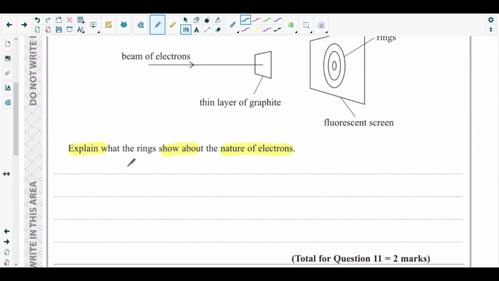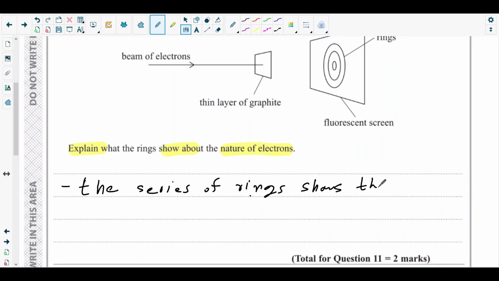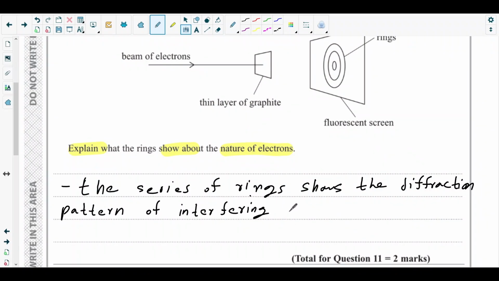2 marks. So the first point we can say here is that the series of rings shows the diffraction pattern of interfering electrons, because as the electrons interfere, basically this pattern, that is this series of rings, is formed.